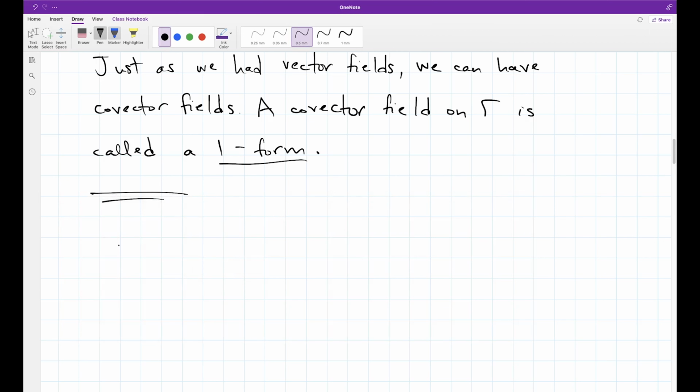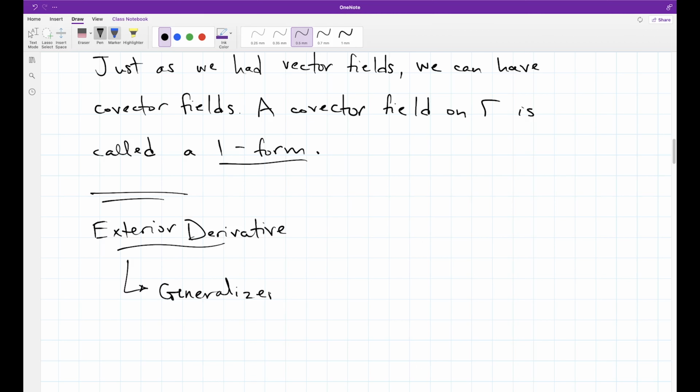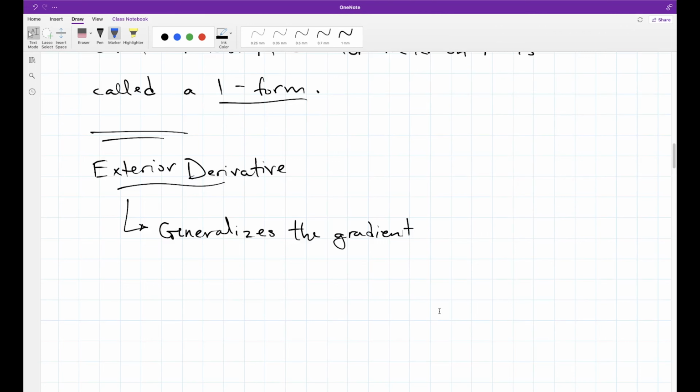Now, the next concept to introduce is the notion of the exterior derivative. Now, this object generalizes the gradient. As you know from any multivariable calc class, the gradient is an extremely important operator.